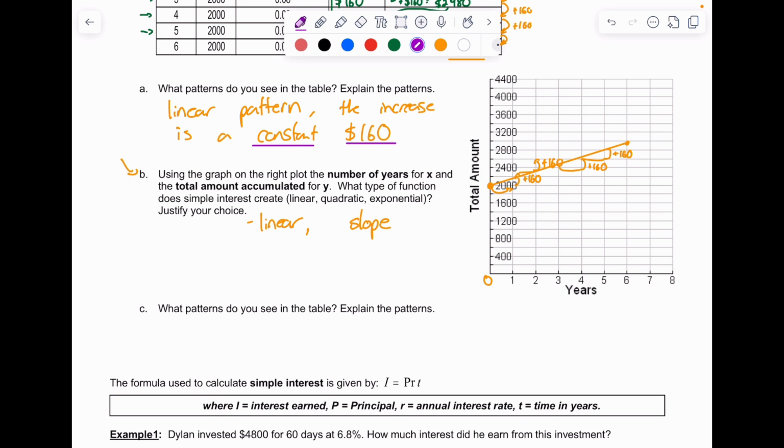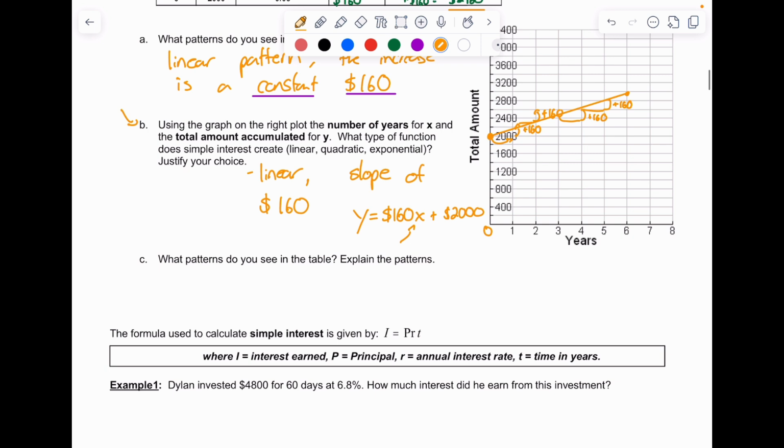So the slope is linear with a slope of $160. All right. So you really have this equation, which would be y is how much money you make each year. So every year that ticks by, you multiply 160 and you add that to your initial $2,000. All right. A very simple linear equation.